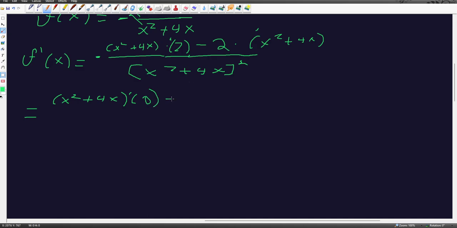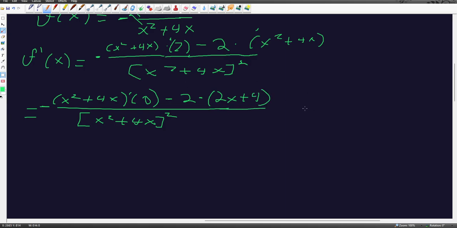0 minus, remember we had a minus in front of this, x squared plus 4x to the power 2. And the 2 is left alone, it's not getting derived, but this polynomial is, which is 2x plus 4.